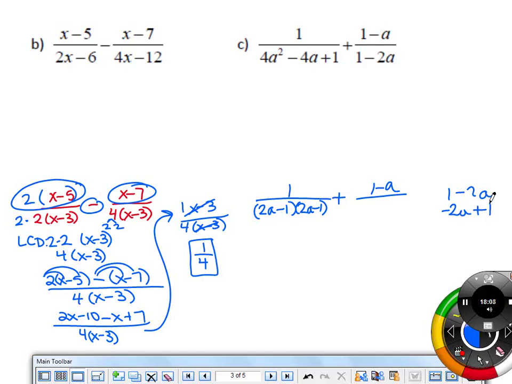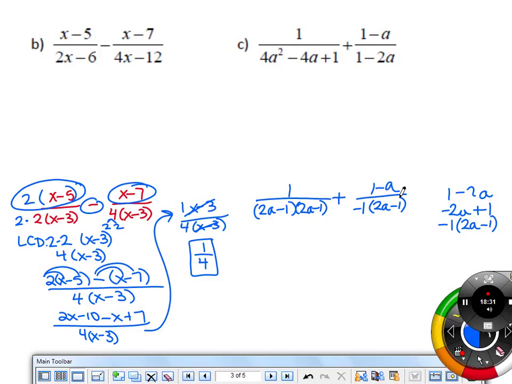Okay? But does negative 2a plus 1 match anything that I have over here? Not really, but if I pull that front negative out of there to try and make it look like those others, if I pull out a negative 1, I get a positive 2a and then a minus 1, okay? So this is like having a negative 1 times a positive 2a minus 1.